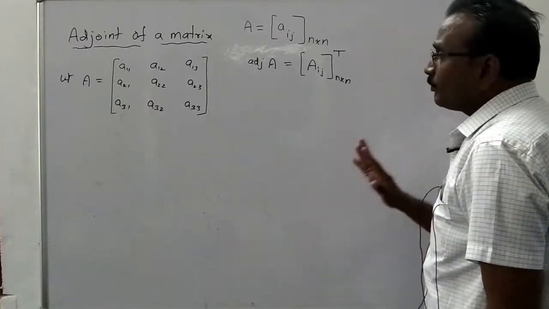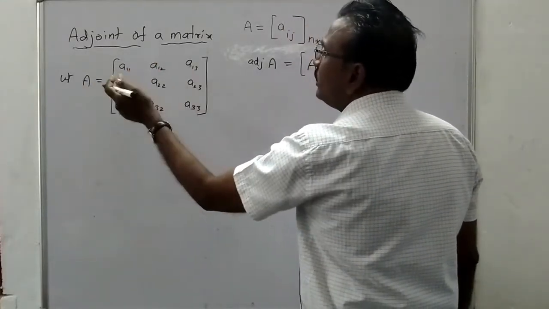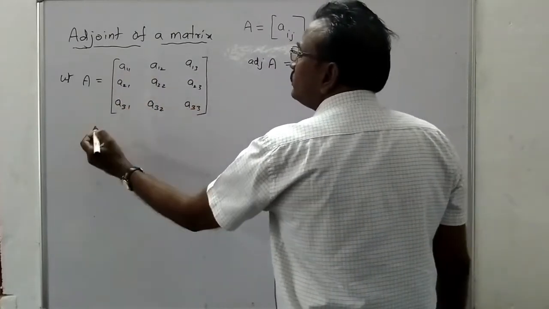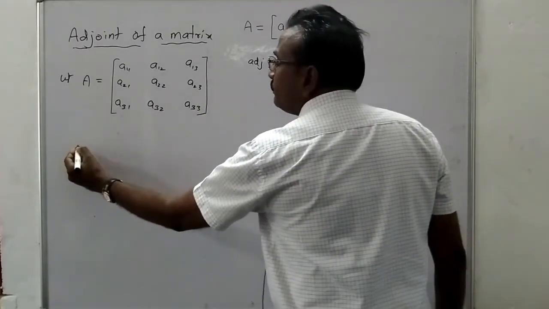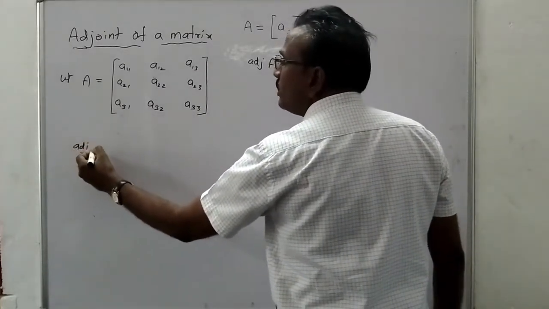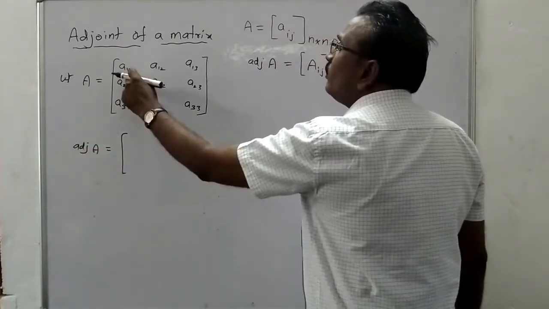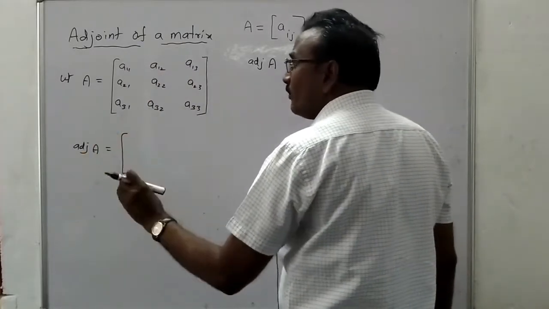For example, here A is equal to A11, A12, A13, A21, A22, A23, A31, A32, A33. So then the adjoint of A is equal to, A11, A12, A13 are the first row elements. What are the corresponding cofactors?